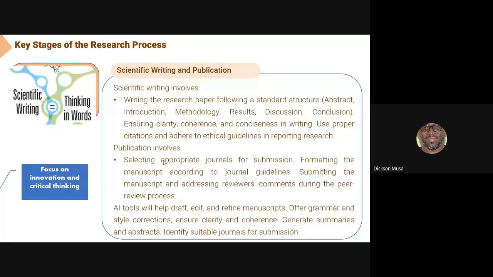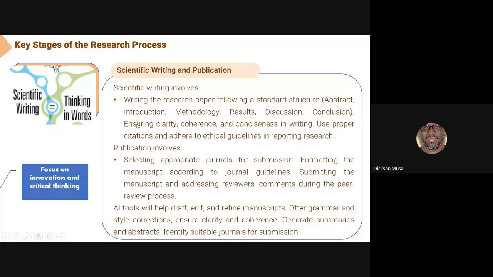There are AI tools that can help draft, edit, and refine manuscripts. They offer grammar and style corrections. They ensure clarity and coherence. They can generate summaries and abstracts. They can also identify suitable journals for submission. So these are what AI can help you to do.